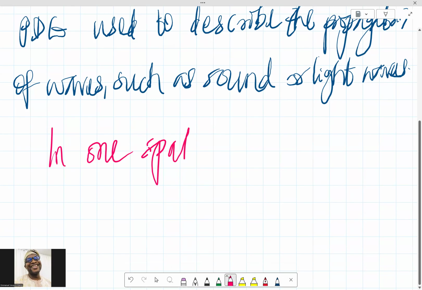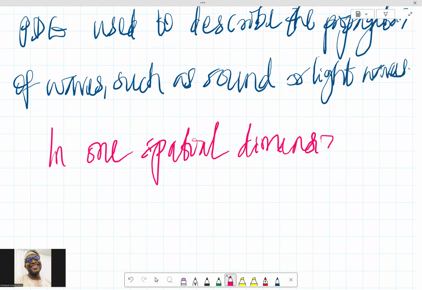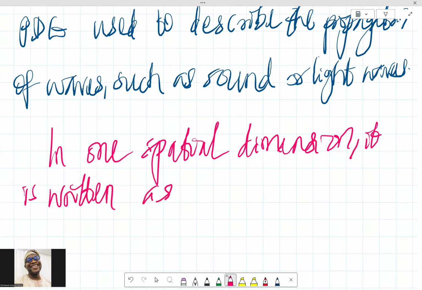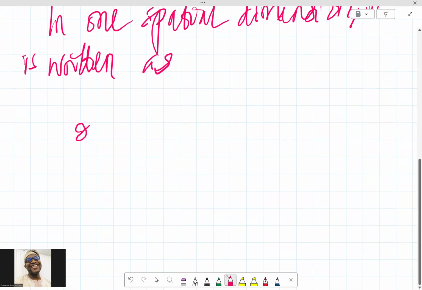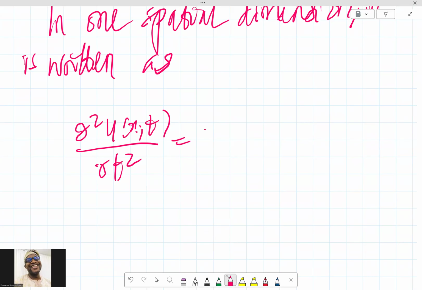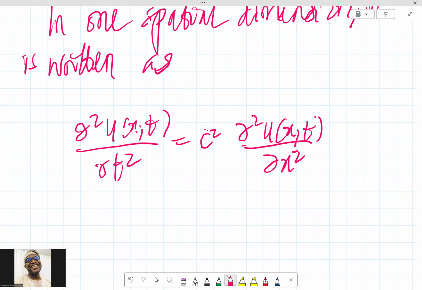In one spatial dimension, it is written as: partial squared u of x comma t over partial t squared is equal to c squared times partial squared u of x comma t over partial x squared.